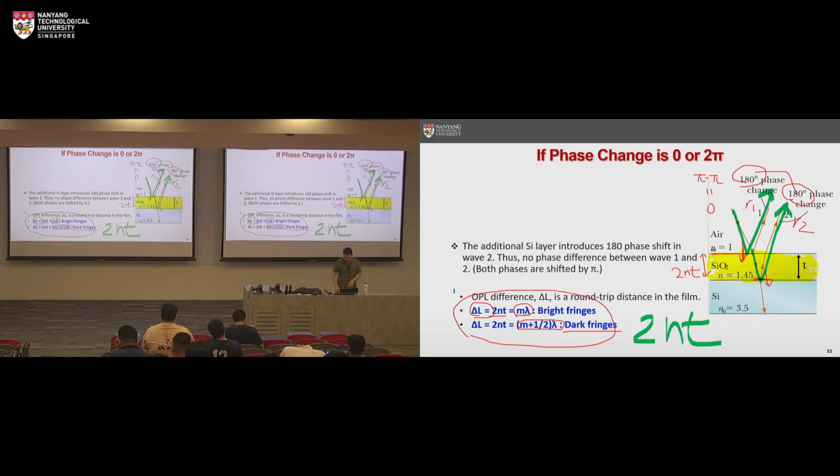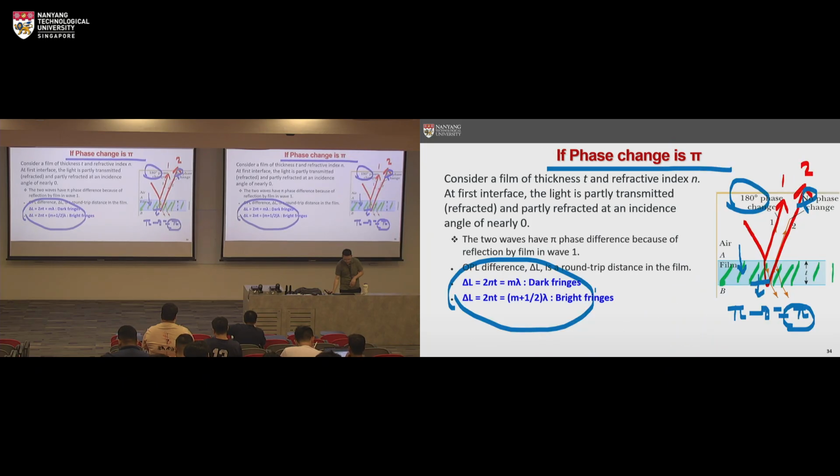The other set is just a swap. So you only have to remember if phase change is 0, then it's bright fringe m lambda, dark is m plus 1/2. The other one is the swap between dark and bright. So if phase change is pi, the only thing you need to do is just remember to swap between the dark and the bright.